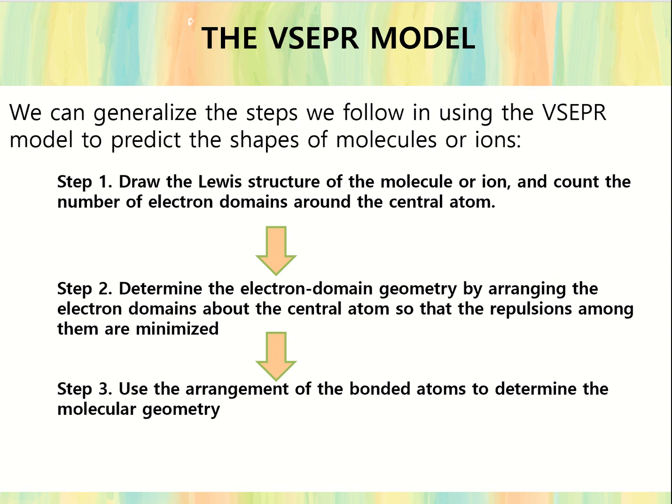So step two is we determine the electron domain geometry by arranging the electron domains about the central atom so that the repulsions among them are minimized. And our third step is that we use the arrangement of the bonded atoms to determine the molecular geometry. So we went through all of this, guys. So in summary, these are the steps, and that is what we do.